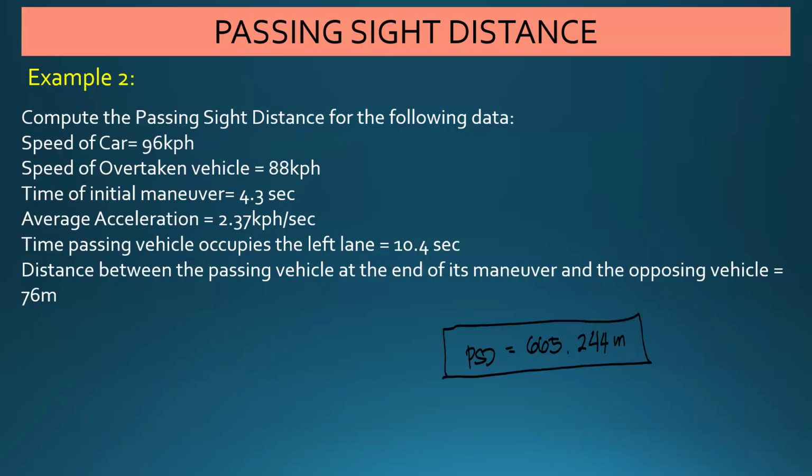Now again, be careful of the values or the units of the given values. What you should do is convert everything to kph. Whichever way you go about it, the final answer is 665.244 meters.